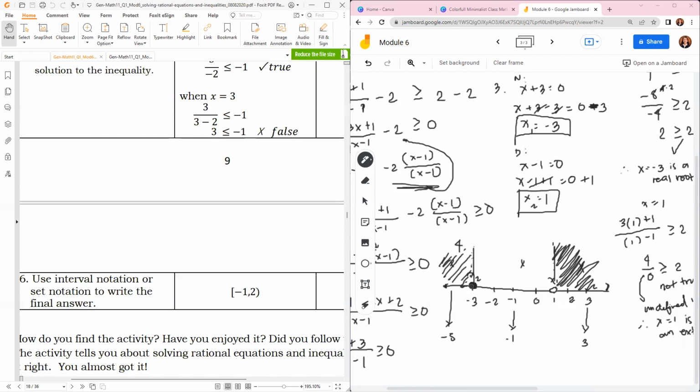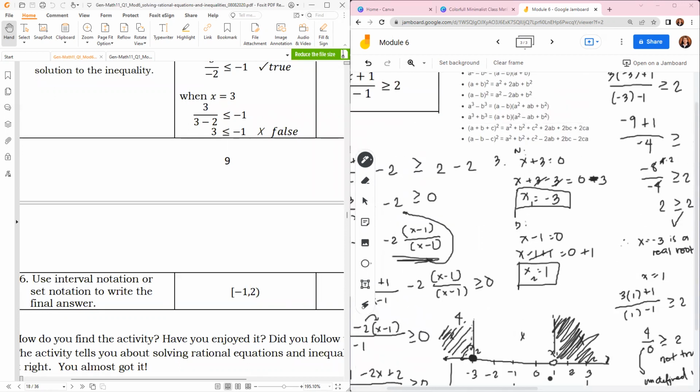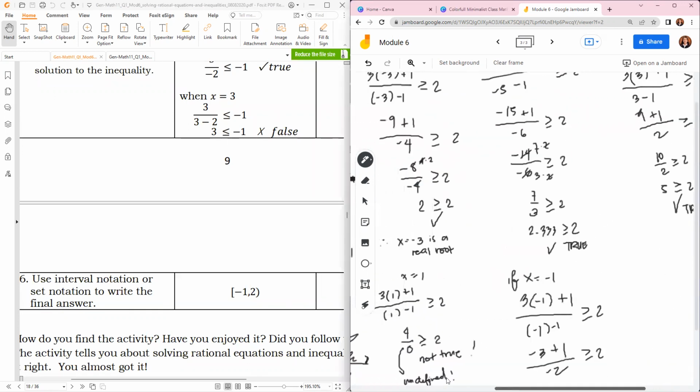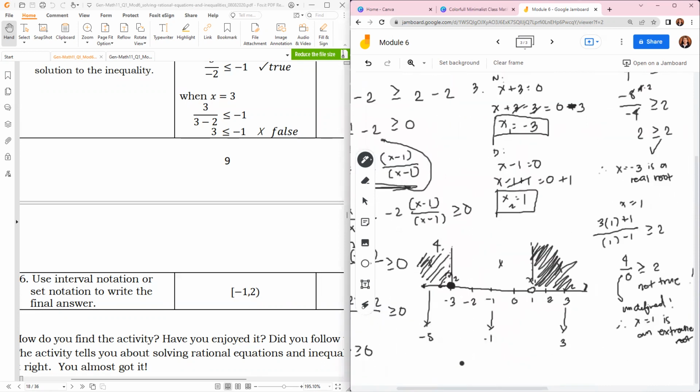Since mara man ni atong real nga root kay si negative 3 ug si positive 1, atong final answer would be negative 3 comma 1, close parenthesis. So we have the real root, we have the extraneous root, nya man itong final nato nga answer.